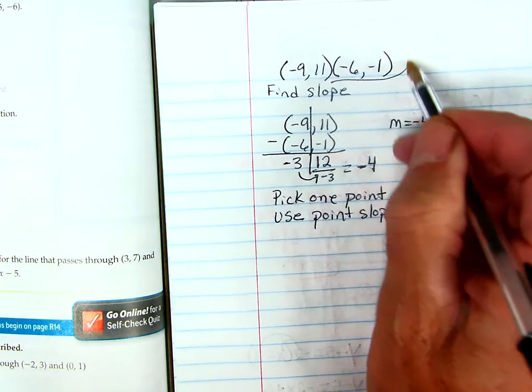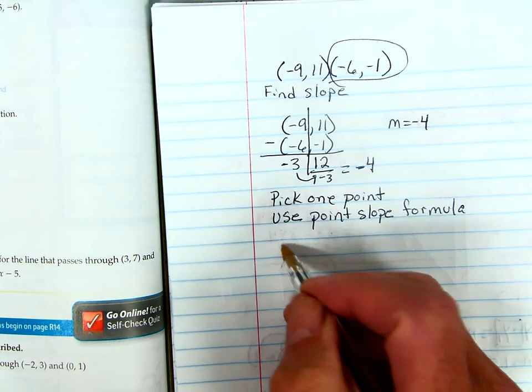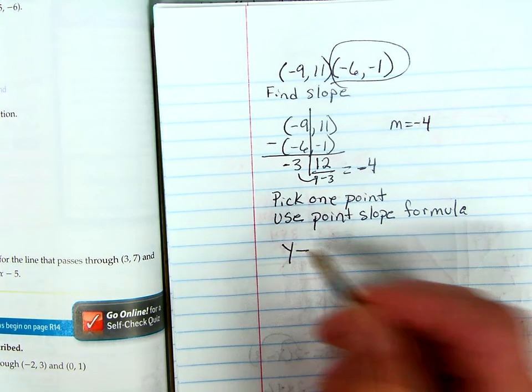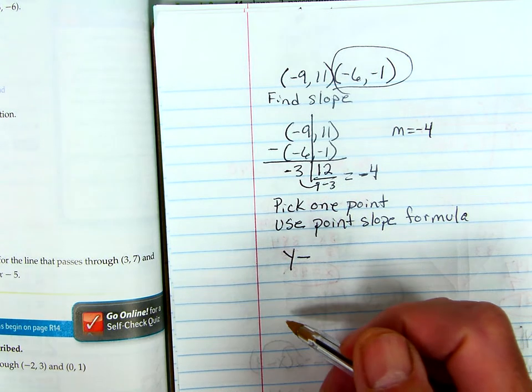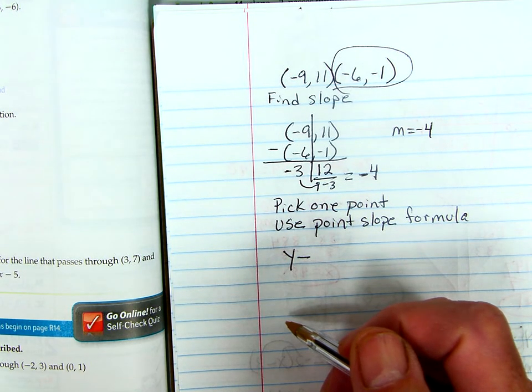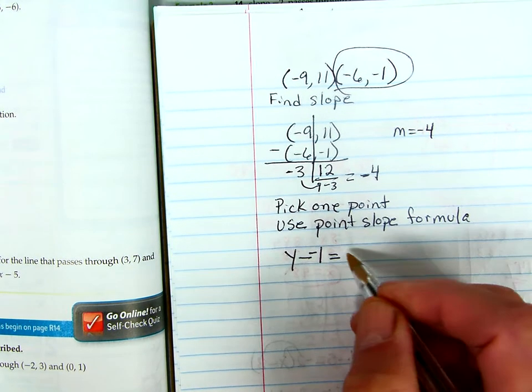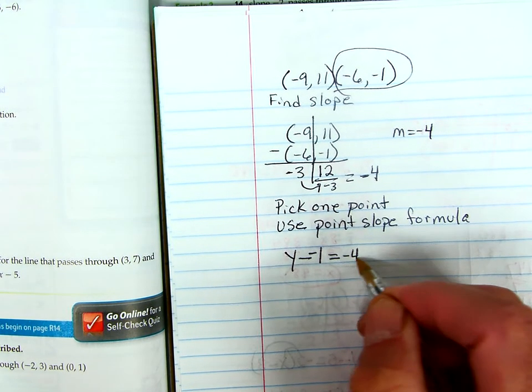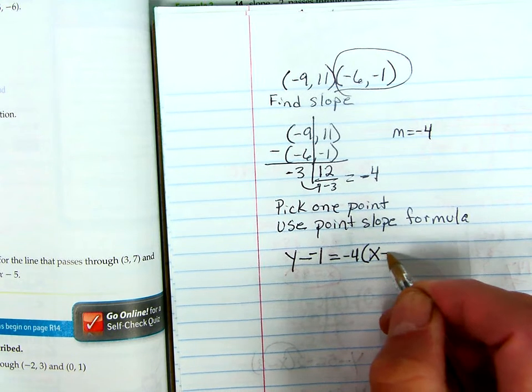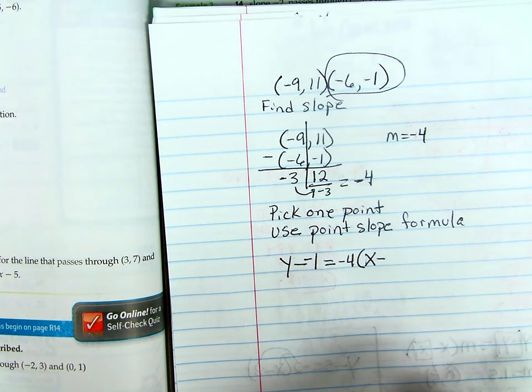I'm going to use this point. So it's y, take away, what's my y value? Anybody? -1. So minus -1. m is -4 times x minus, what's the x value? -6.